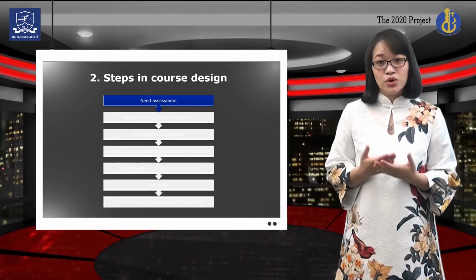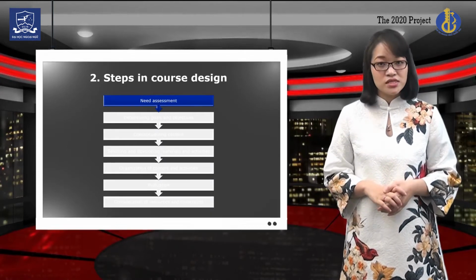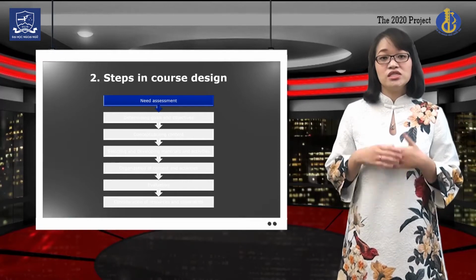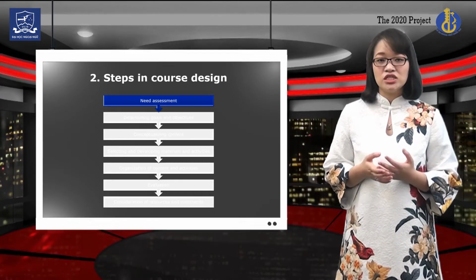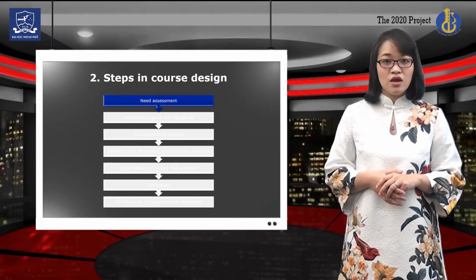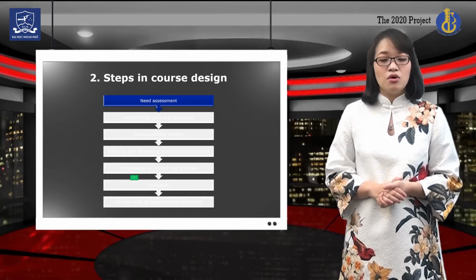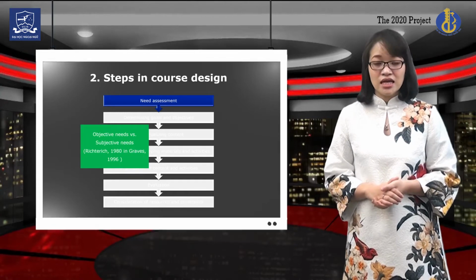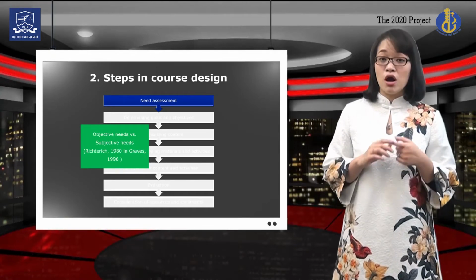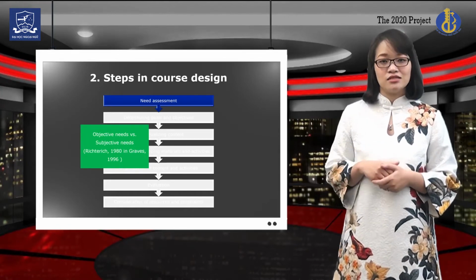Needs assessment or needs analysis is the first step of the process, which seeks and interprets information about learners' needs, so that the course can address them effectively. Richards 1980 categorized needs into objective and subjective needs.